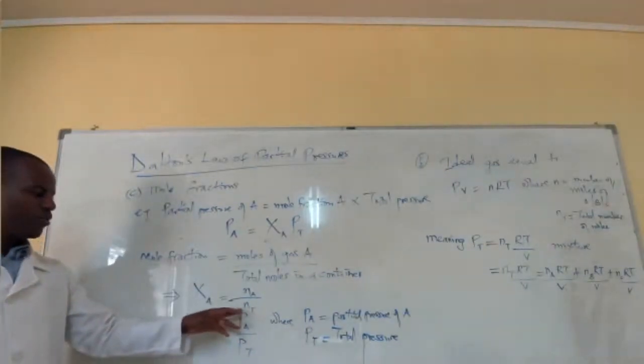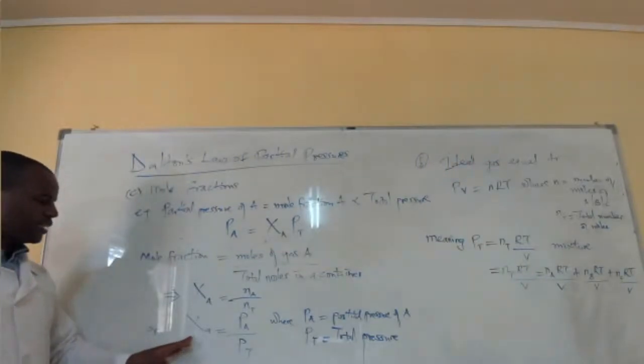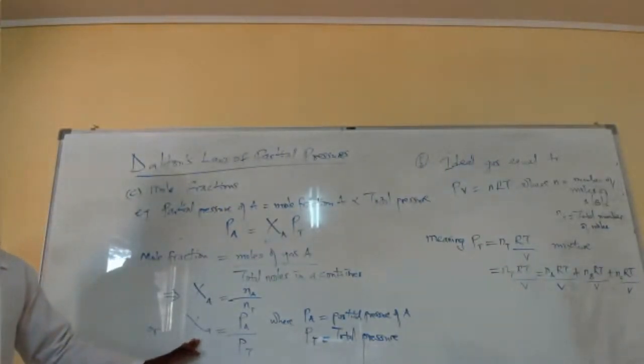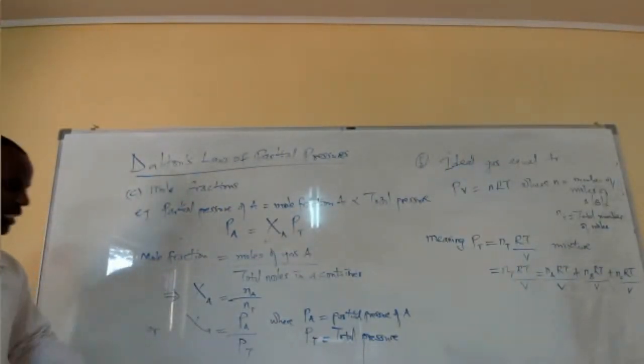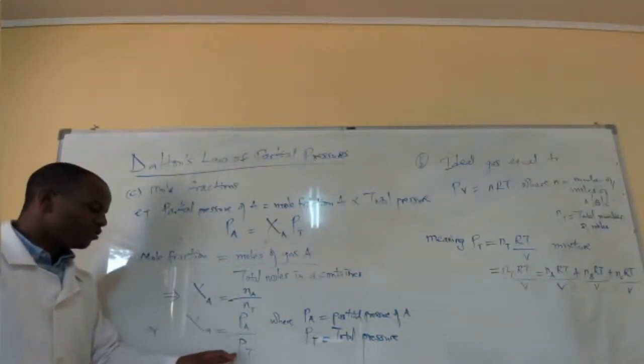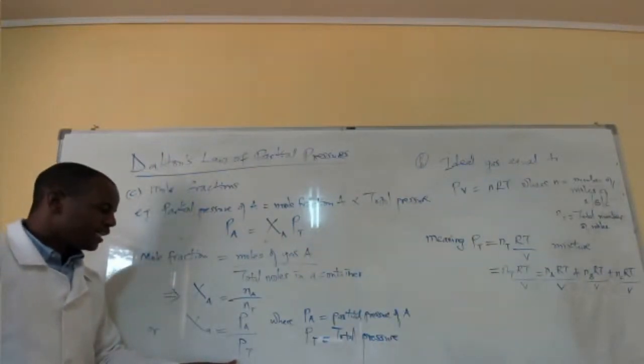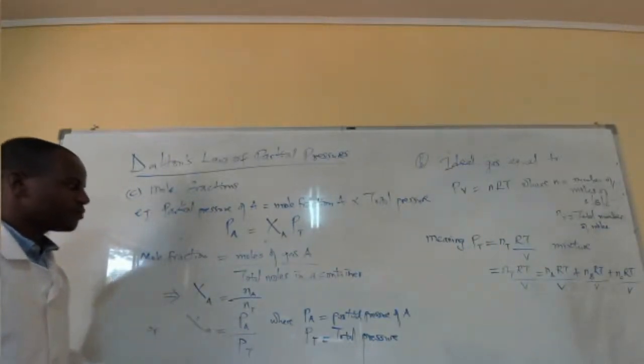We can also calculate the mole fraction using the partial pressures: the partial pressure of A divided by the total pressure in the mixture also gives you the mole fraction of A.